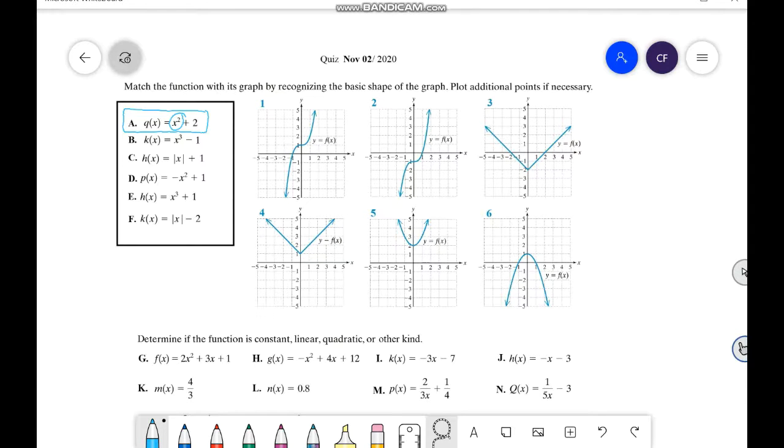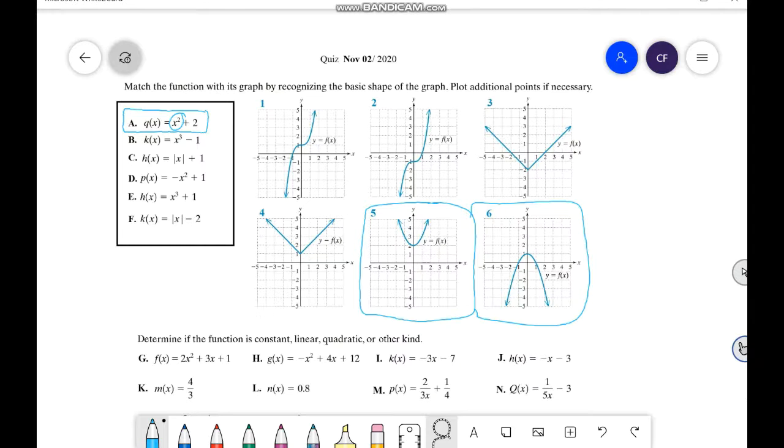The shape of a quadratic function is a U. It can be a U pointing up, can be a U upside down, but it's going to be a U, right? It's not going to be 1, not going to be 2, not going to be 3, not 4. It might be 5, it might be 6.